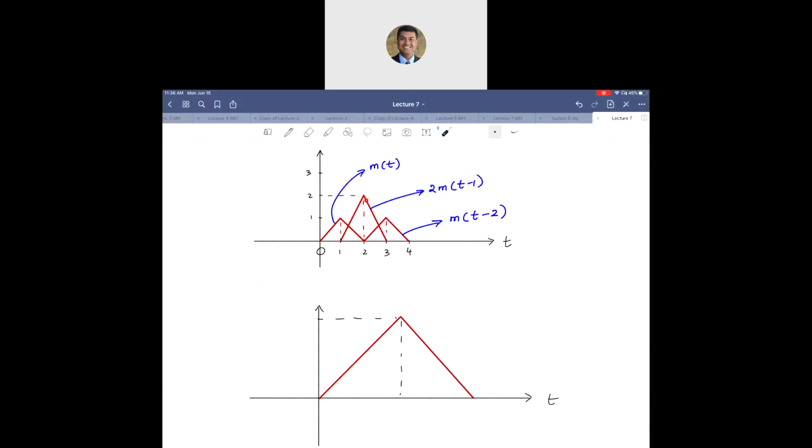At 2, you have something going down with a slope of 2, but one going up with a slope of 1, so you're effectively going down with a slope of 1. And from 3 to 4, you only have something going down with a slope of 1. So in total, it is simply a triangle starting at 0, ending at 4, in the middle it is 2, and the height is 2. This is C of t.